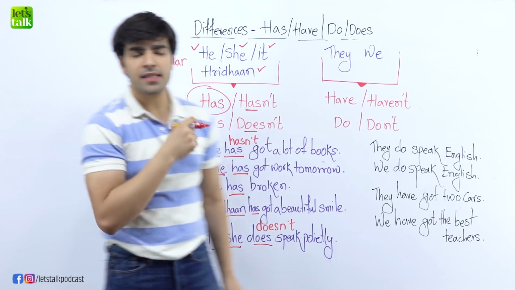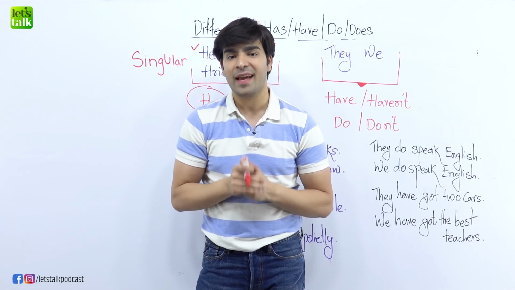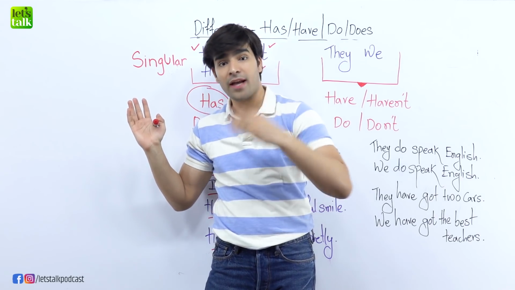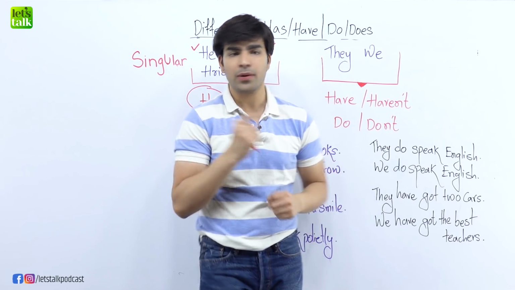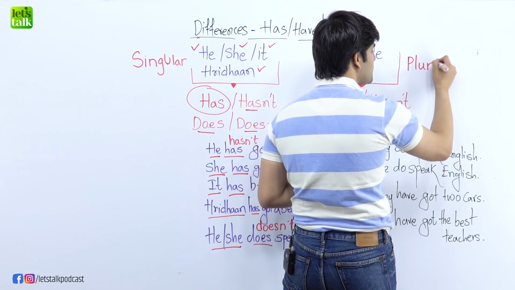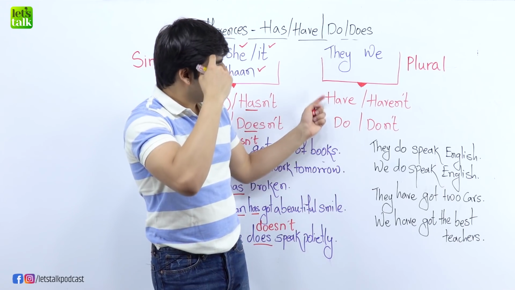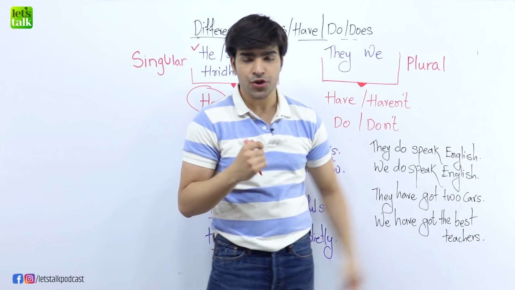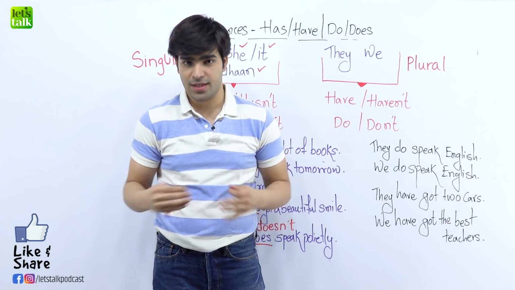The next one in the list are in one family. And can you guess their family name? It is called plural. On your left hand side, you see it is singular. On the right-hand side, it is plural. They, we fall in one family name, and it is called plural. For example, they, the word here, they do speak English. They, that means more than one. Let's say my team. Hridhaan is not alone.